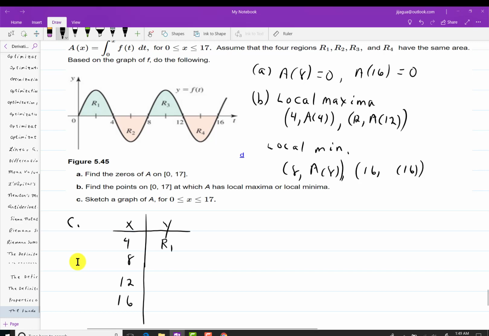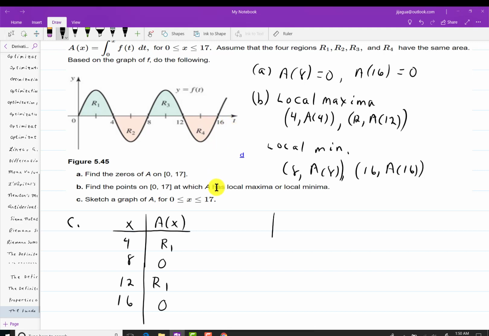Anyways, instead of y, let's put A of x. All right, so then at 8, I know that value is 0. And then at 12, I know that the value is R1 again, because R1 and R3 are the same. But then by the time you get to 16, it zeroes out again.